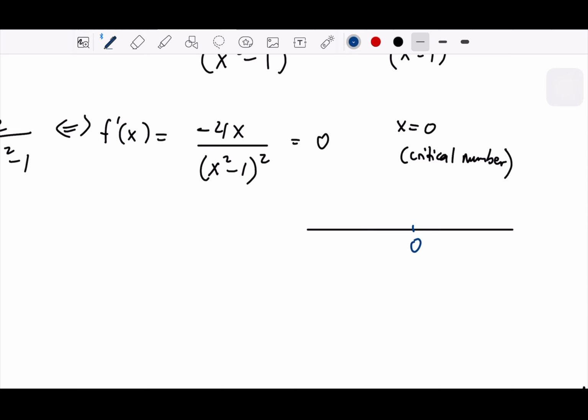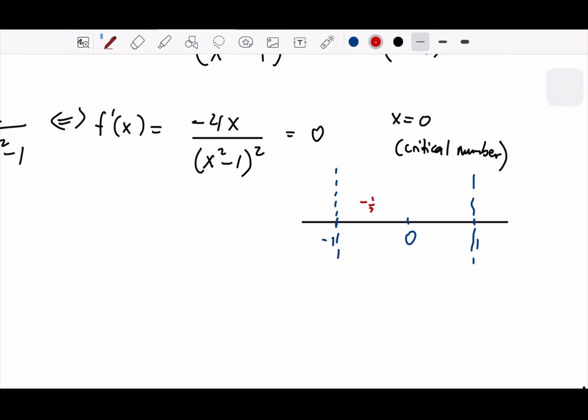So just to make sure, we are going to check numbers in between the asymptotes, to the left of the left asymptote, and to the right of the right asymptote. We check the signs. So maybe check negative half, maybe 2 here, negative 2.